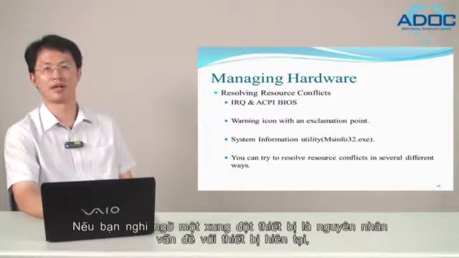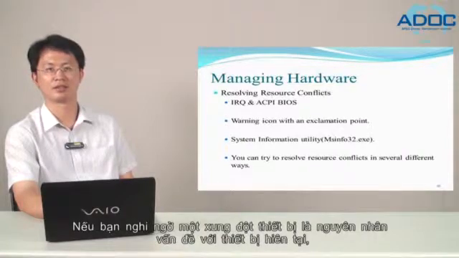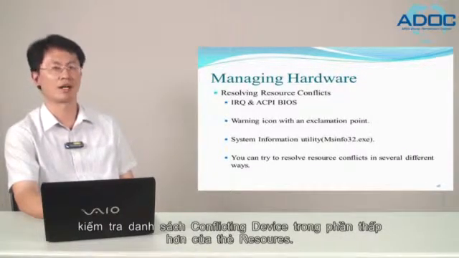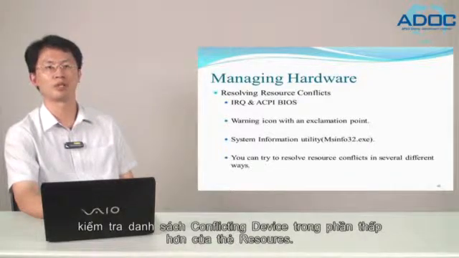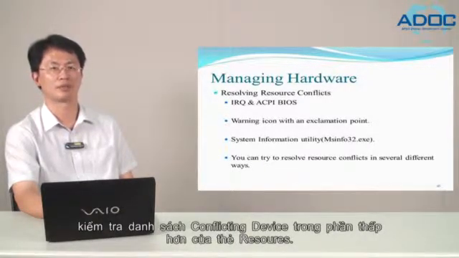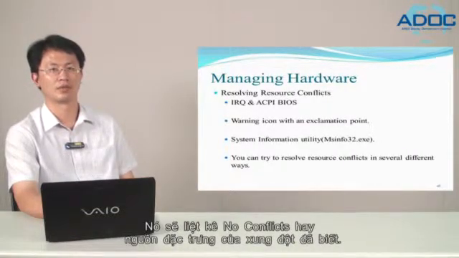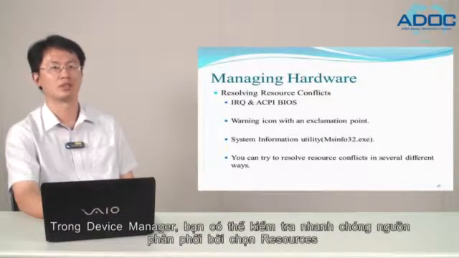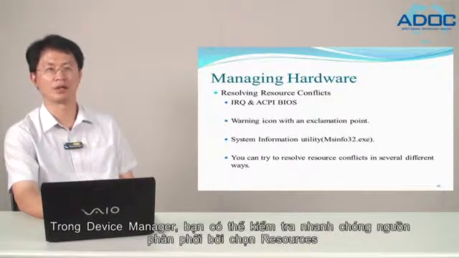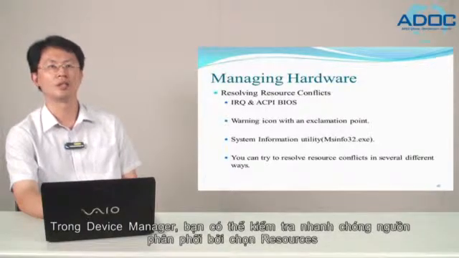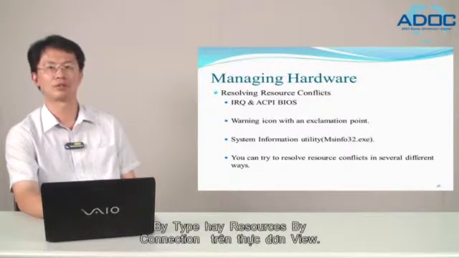If you suspect a device conflict is causing problems with the current device, check the conflicting device list in the lower portion of the Resources tab. It will either list no conflict or the specific source of a known conflict. In Device Manager, you can quickly check resource allocations by choosing Resources by type or Resources by connection on the View menu.